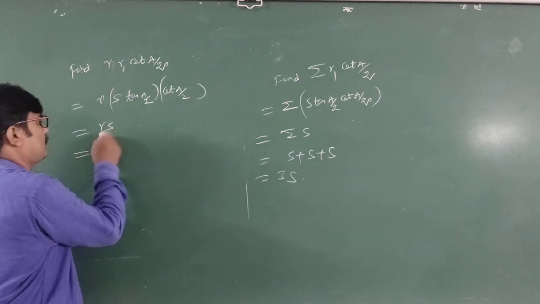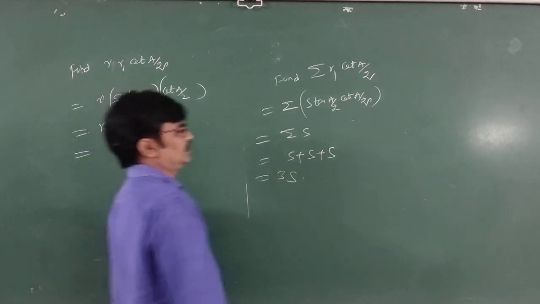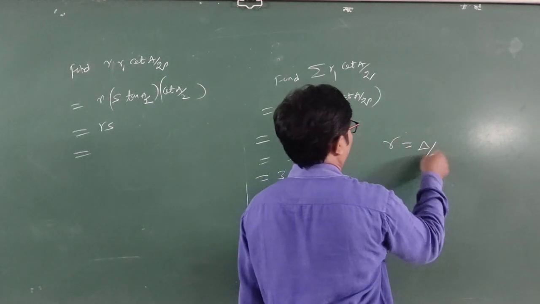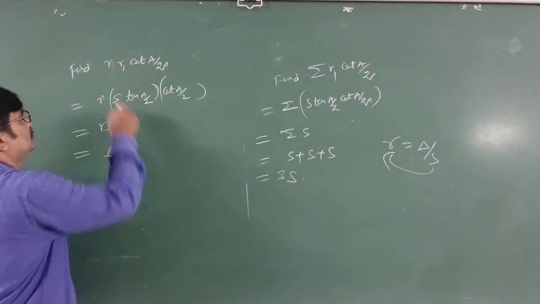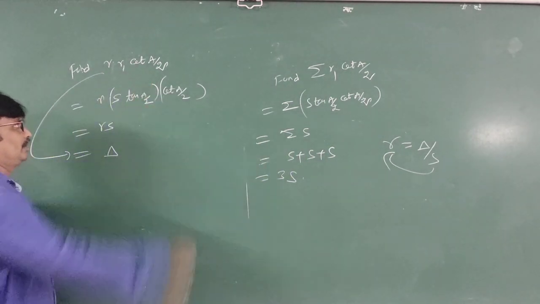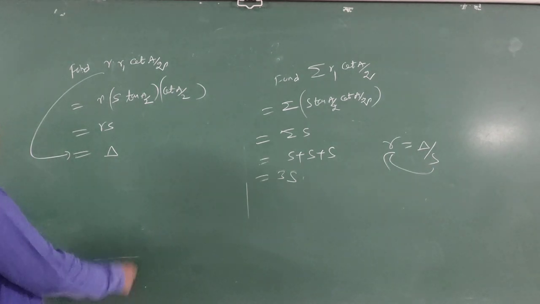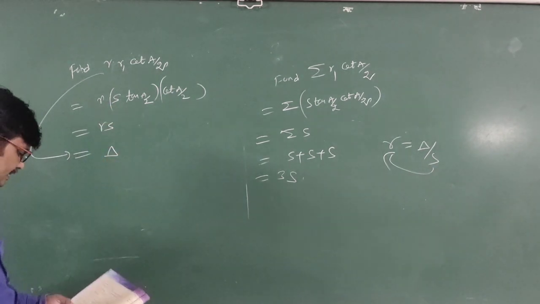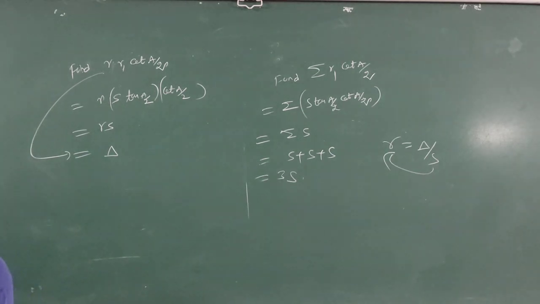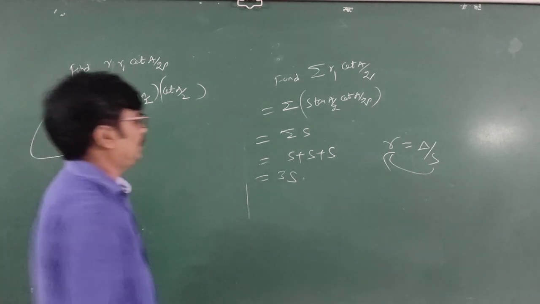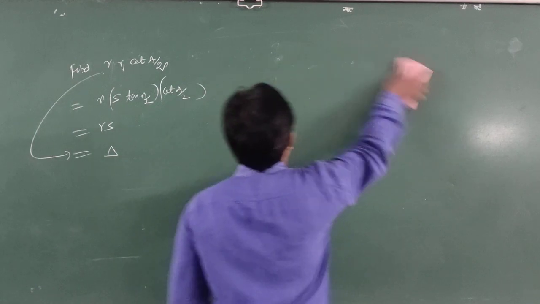We know that the small r is delta by s. Rs is the delta. So this is r into r1 into cot a by 2, that is delta. Now in an equilateral triangle, find the small r by capital R.